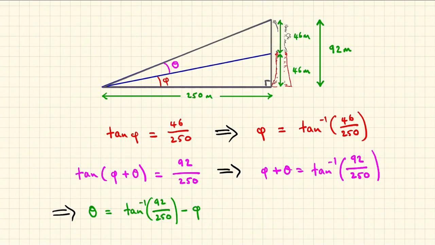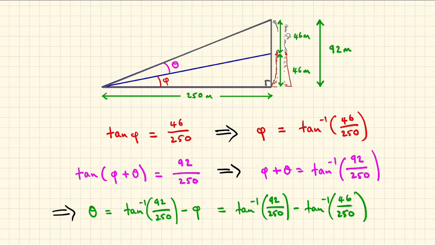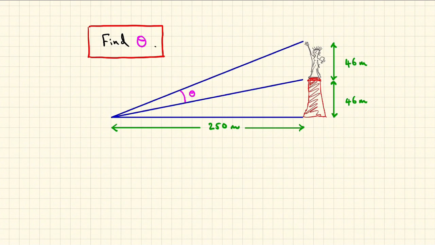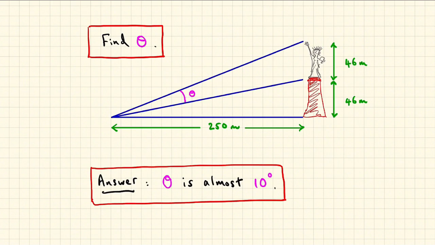Taking phi away gives us theta equals this very nice explicit expression involving fractions in inverse tan, and we can evaluate this using a calculator to get approximately 0.17 radians, which is about 9.8 degrees. This solves our original problem. The angle subtended by the statue from 1/4 of a kilometre away is almost 10 degrees.